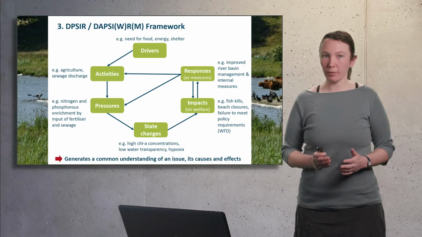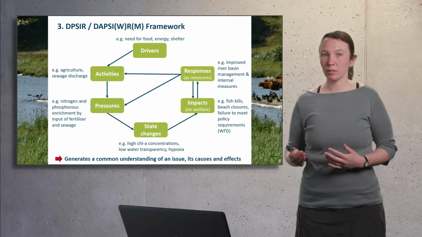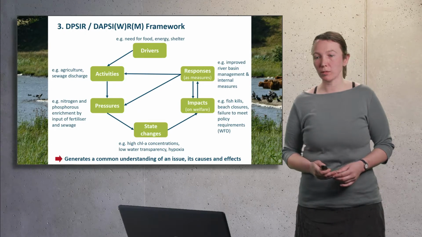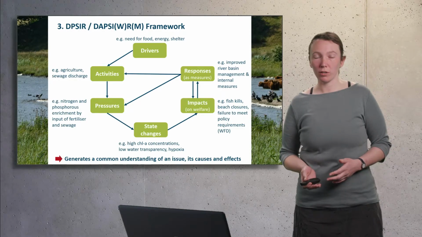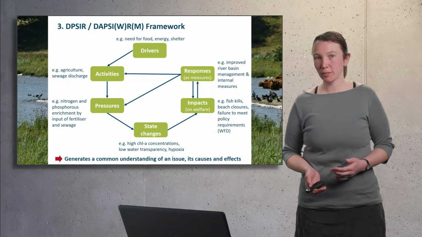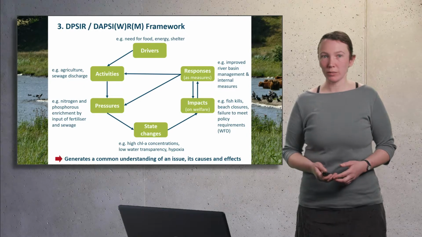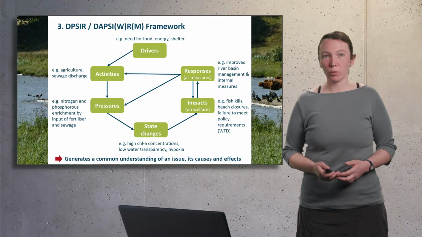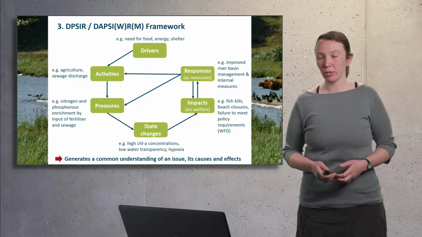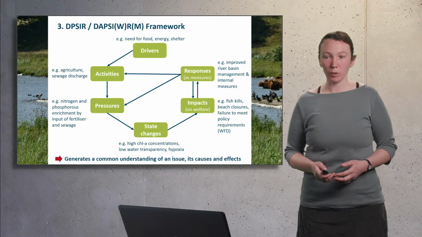And in response to these changes in the natural system, this also causes impacts on the human system, so on welfare. This could, for example, be fish kills, which are nuisances for beach visitors, but they can also cause economic loss for fishermen. Also beach closures or the failure to meet policy requirements could be an impact on welfare.